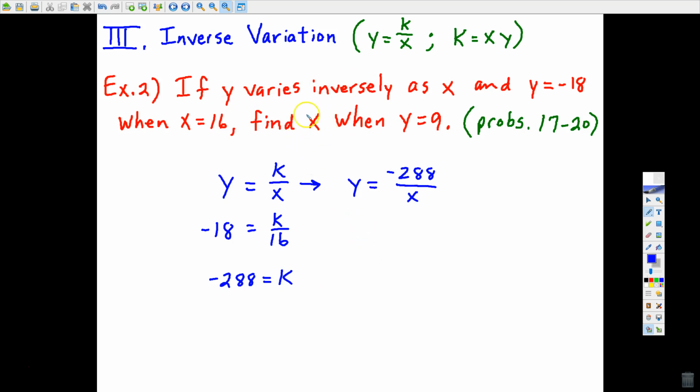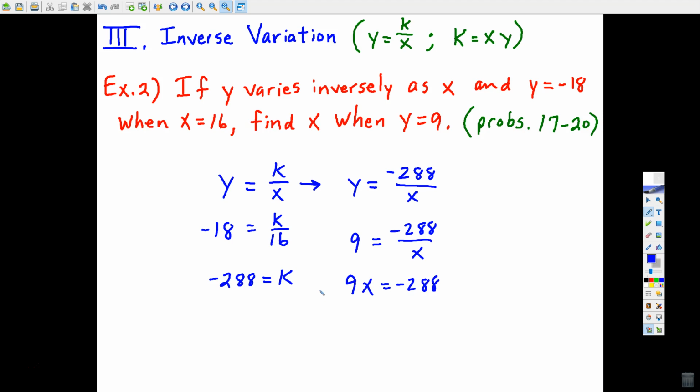And that's going to help me find out what x is, in this case, when y is 9. So notice a little different. This time I'm going to replace y and I'm going to solve for x. But not too bad. I'm just going to multiply both sides by x. And then I'll divide both sides by 9. You might want to grab your calculator again.